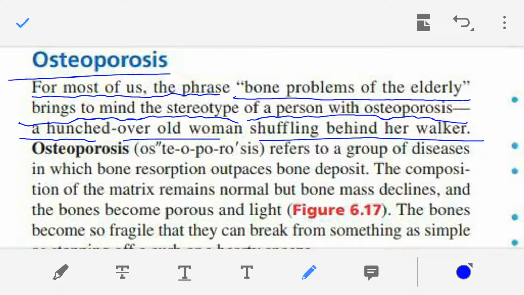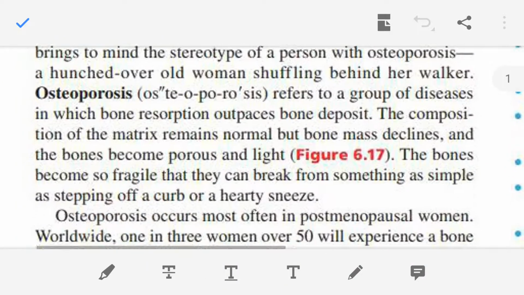The image created in our mind is of an old woman who is not able to walk properly, and to walk she is taking the help of the walker. With its help she is slowly walking, because she is suffering from osteoporosis.